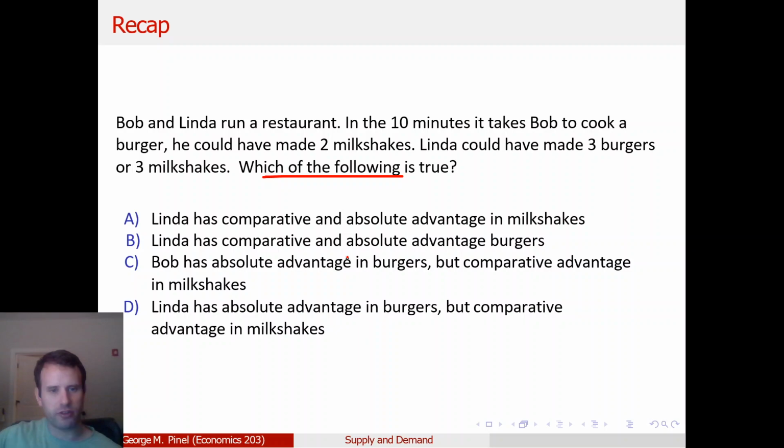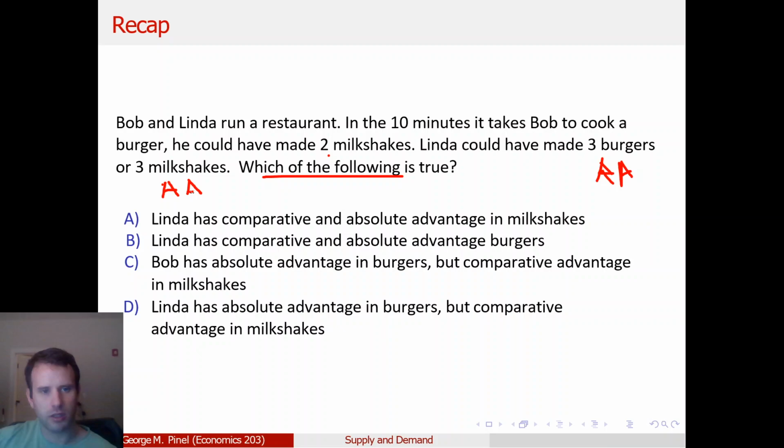That should say AA for absolute advantage. It looks like it says RA, but it should be AA. Okay. Who makes more milkshakes? Linda makes 3, Bob makes 2. Linda also has absolute advantage in milkshakes. Okay. All right. So we know Bob's opportunity cost on the last problem of a milkshake is 1/2.